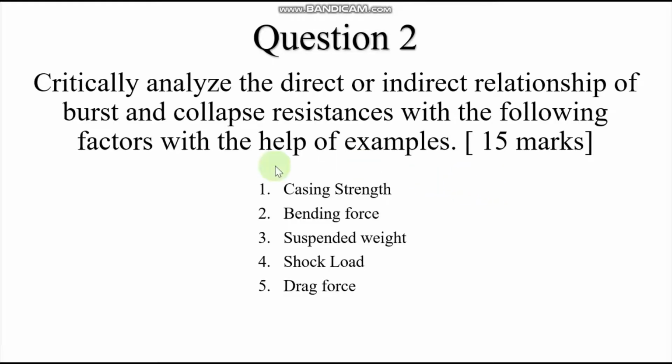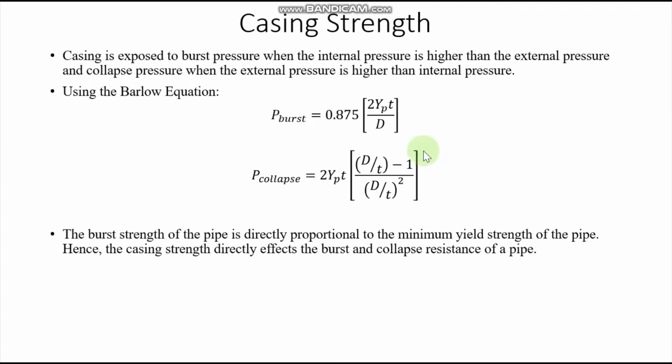Now moving on to the second question. The second question requested a critical analysis of whether the given factors will affect the collapse and burst resistance directly or indirectly. Moving on to the first case, which is the casing strength.